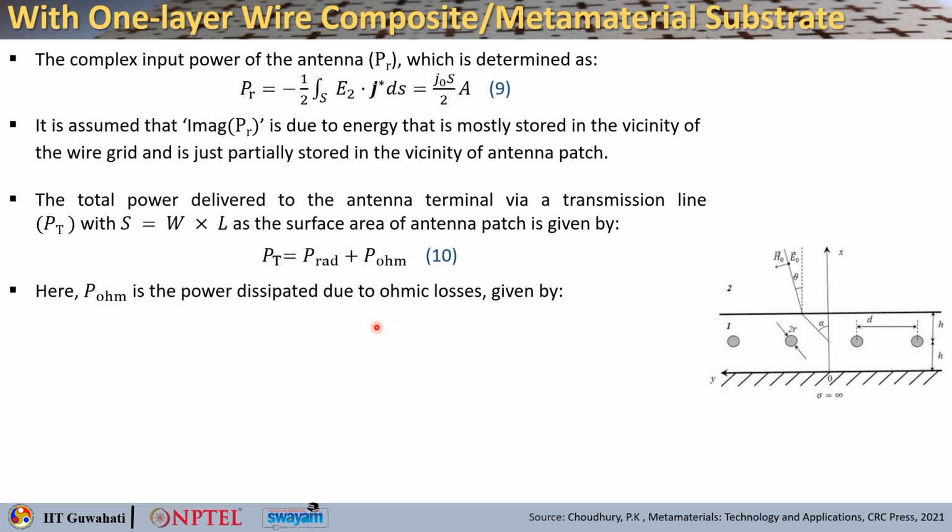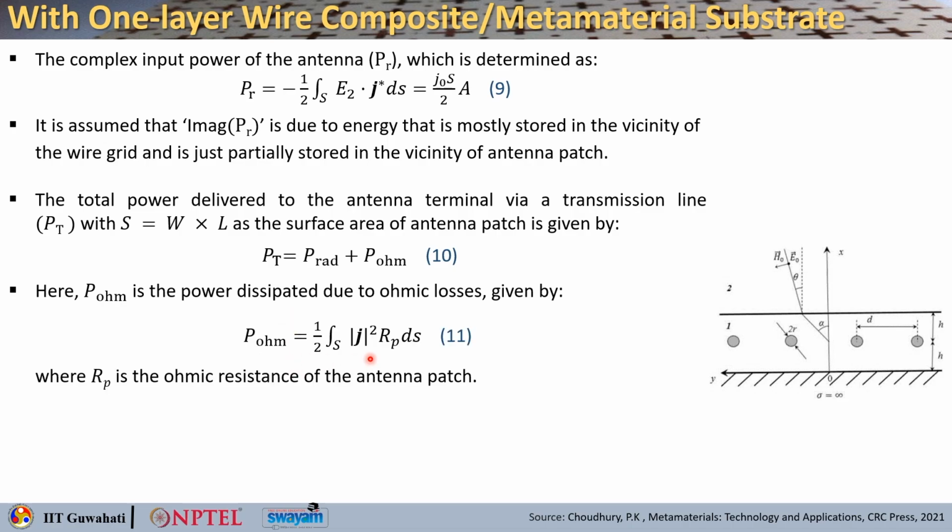P ohm is basically the power dissipated due to ohmic loss, okay, and you can calculate that using this formula, which is P ohm equals half, again surface integral of the current distribution J. So, you have mod J square into Rp, okay. Rp is basically the ohmic resistance of the antenna patch.